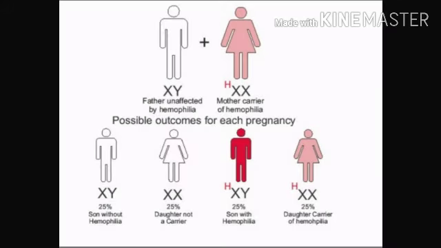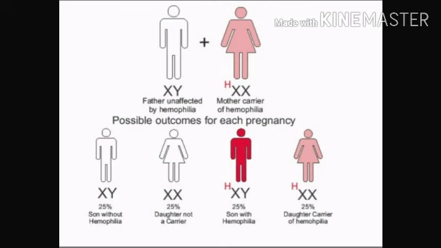In this picture, the father is unaffected by hemophilia, but the mother is a carrier, not diseased, because one X is affected and the other is not. The possible outcome for each pregnancy is 25% son without hemophilia, 25% daughter who is not a carrier, that means not affected, and 25% son with hemophilia, because he gets one X chromosome from the female.